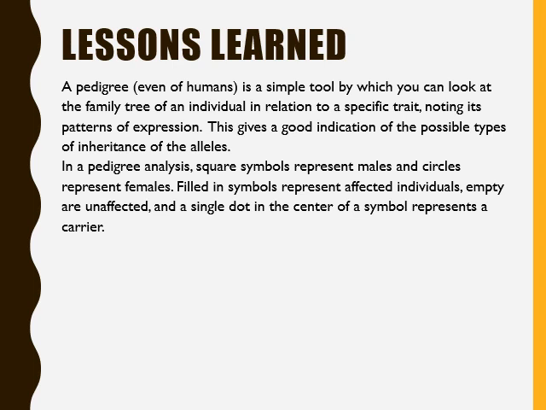In the pedigree analysis, and then going forward for future lectures, squares represent males, circles represent females. Filled in represents affected, open represents unaffected. And then, as we'll see in the next lecture, a single dot in the center typically represents a carrier who's heterozygous.